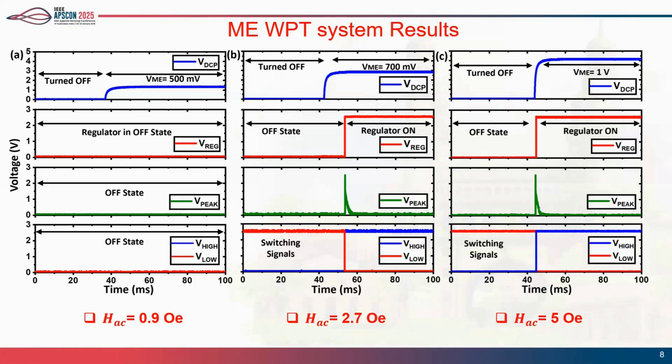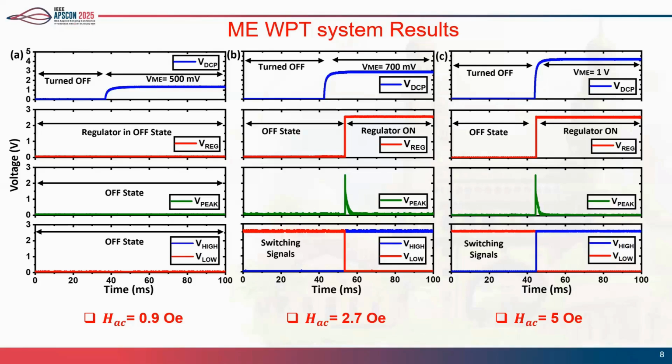So it is not getting sufficient current to drive the regulator. That's why it cannot turn on. But when the magnetic field is greater than 2.7 oersted and the ME voltage increases to 700 millivolt, it is able to turn on the regulator and the entire circuit is operational. And if we go on further increasing the magnetic field, we will get better performance. But we are limiting the magnetic field exposure up to 5 oersted.